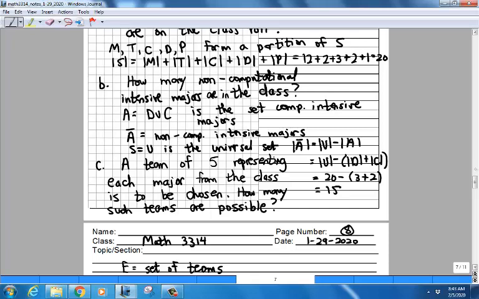Then we have the theorem that the size of the complement of a set is the cardinality of the universal set minus the size of the set itself. And the size of the set itself is just the sum of the cardinalities of the two sets we put together to form the set of computationally intensive majors.